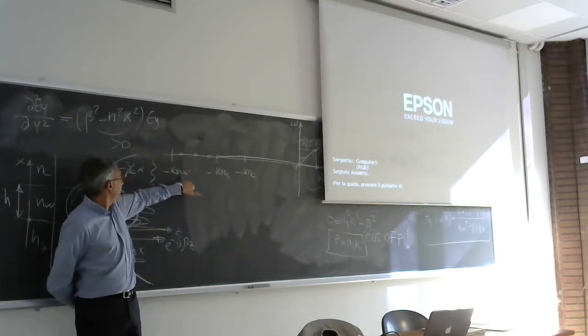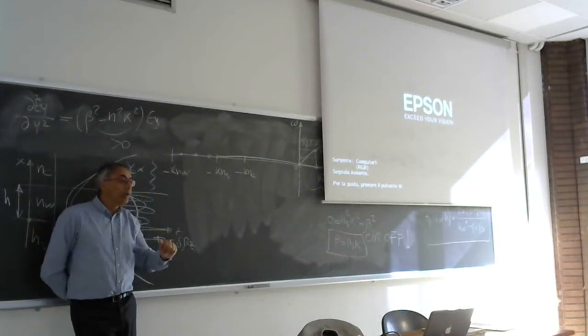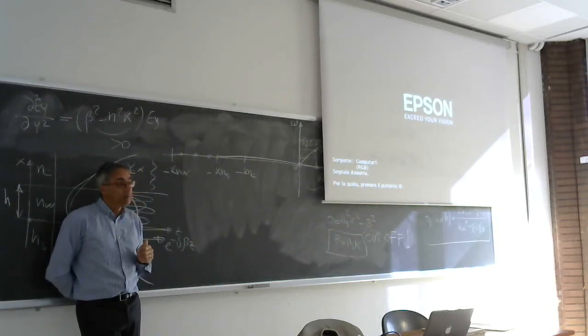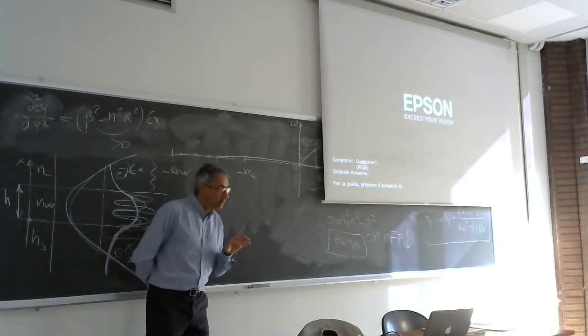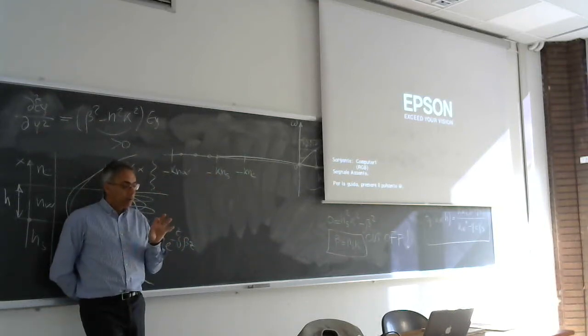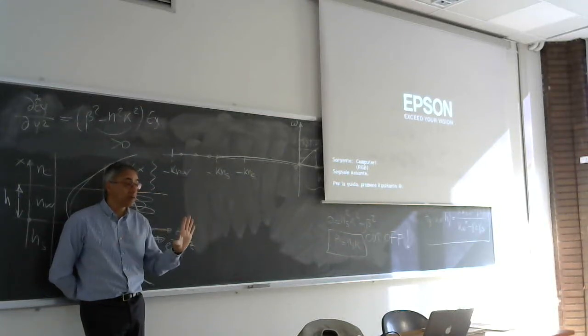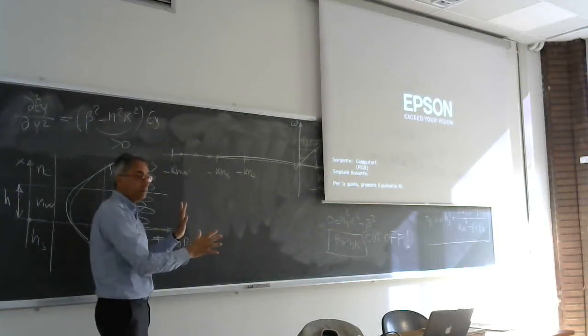Well, first of all, you need a transparent material. That is the most important, right? And then you need a structure with the refractive index of the core higher than the refractive index of the cladding. This is the condition to have this picture.